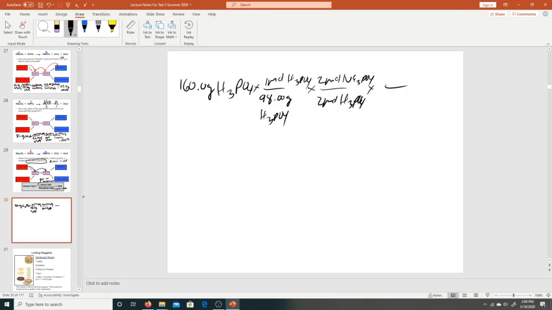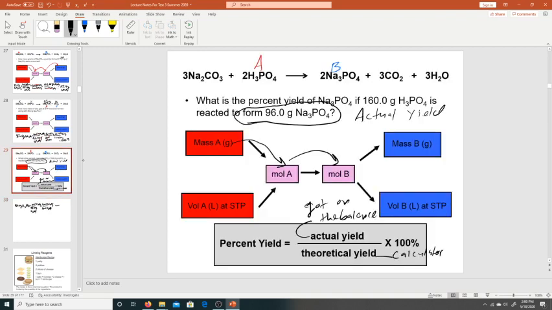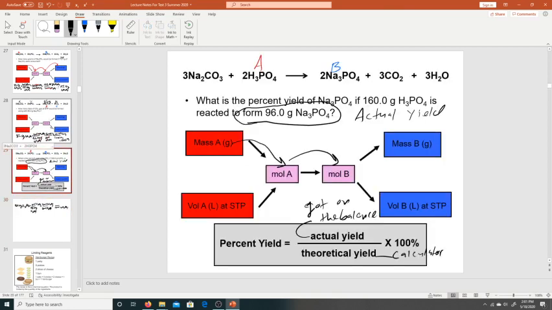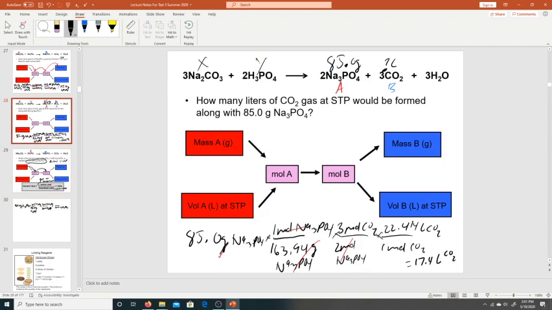Now we're trying to find the yield, so we're talking about grams. So now I need the molecular weight of sodium phosphate. 1 mole of Na3PO4, and I believe that was 160 something. Sodium phosphate is 163.94.